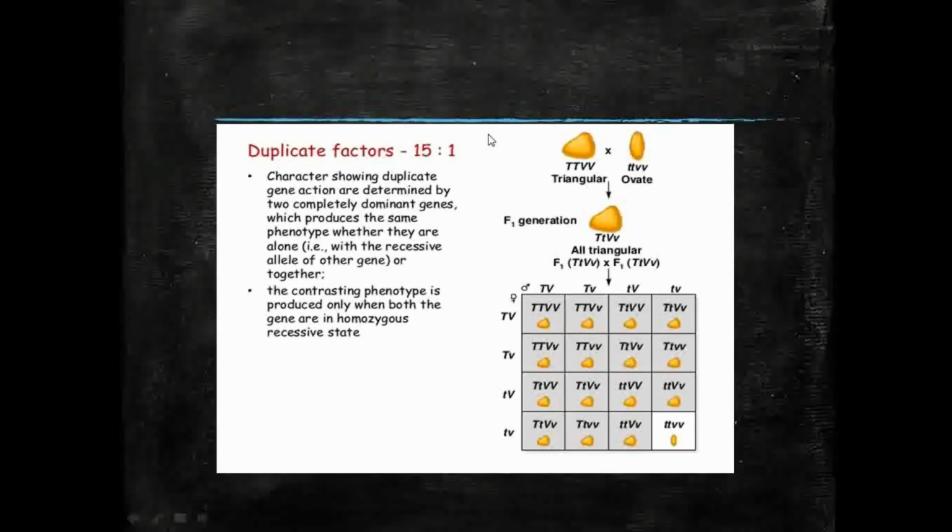So this is about the duplicate factor. Now if we count the 9 is to 3 is to 3 is to 1, if you add these three, 9 plus 3 plus 3, you will get the number 15, and the remaining one is of this small t small t small v small v.